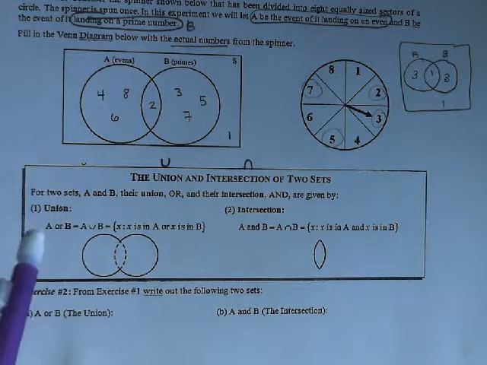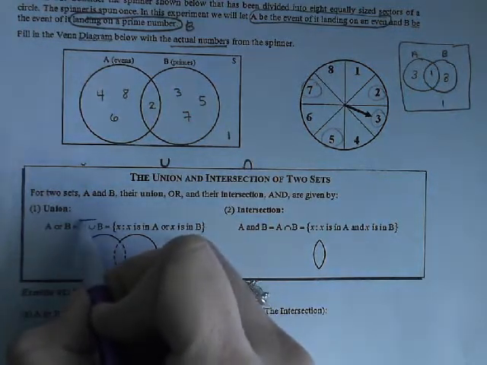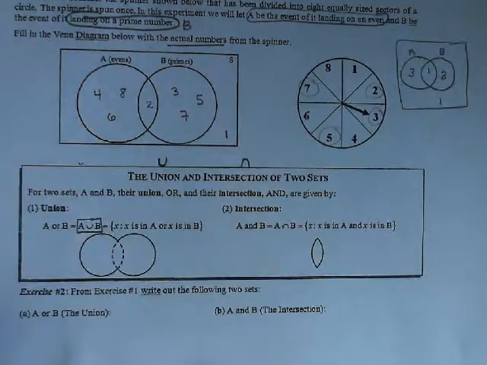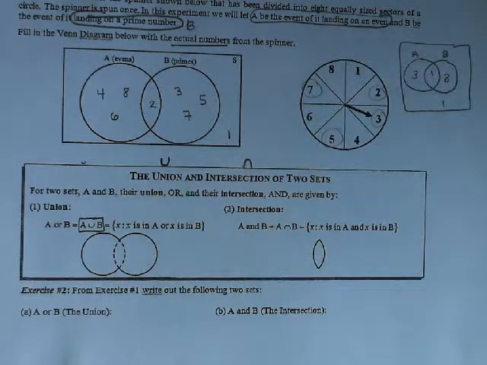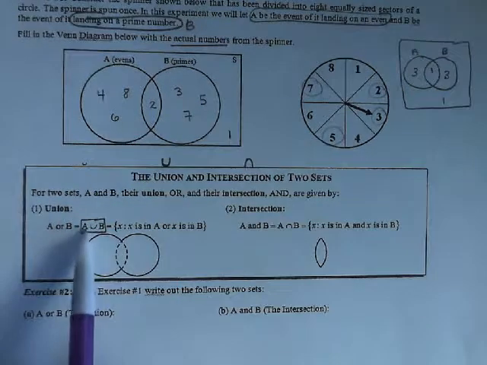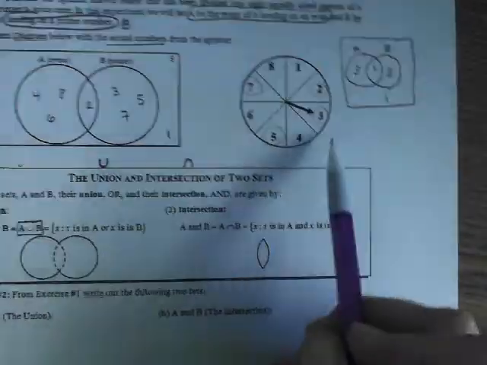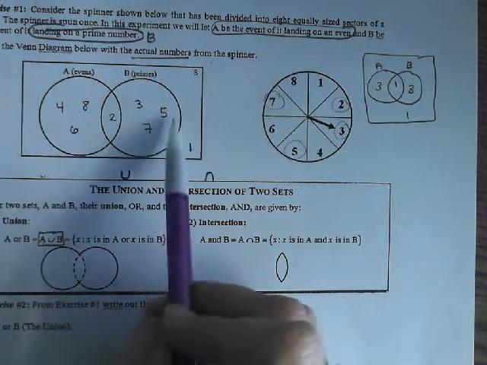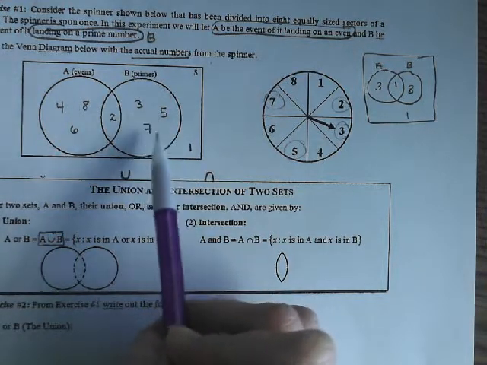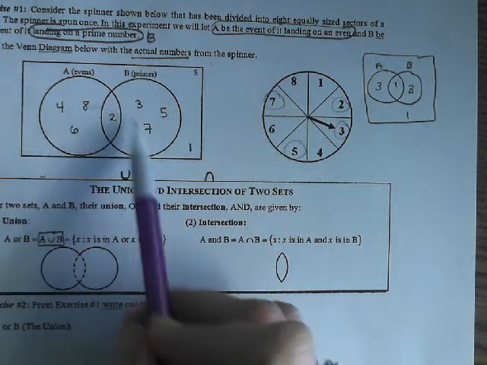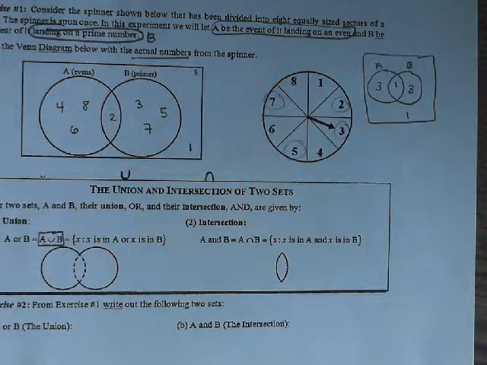When they ask you for the union, this would be the notation here, A union B, that is uniting. Think union, think uniting. That is uniting the set. So anything that's in A or B is going to be in the set A union B. Okay? So right now, our set for A union B is all of these numbers, 2, 3, 4, 5, 6, 7, 8. That's the union, the uniting of sets A and B into a larger set.